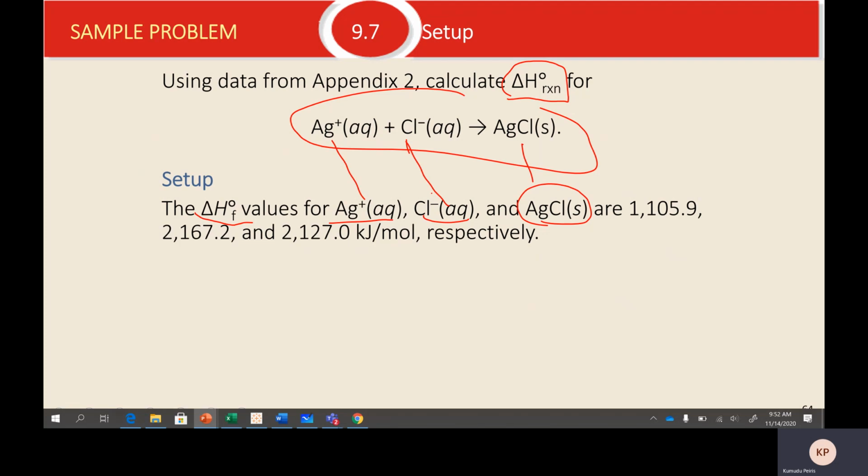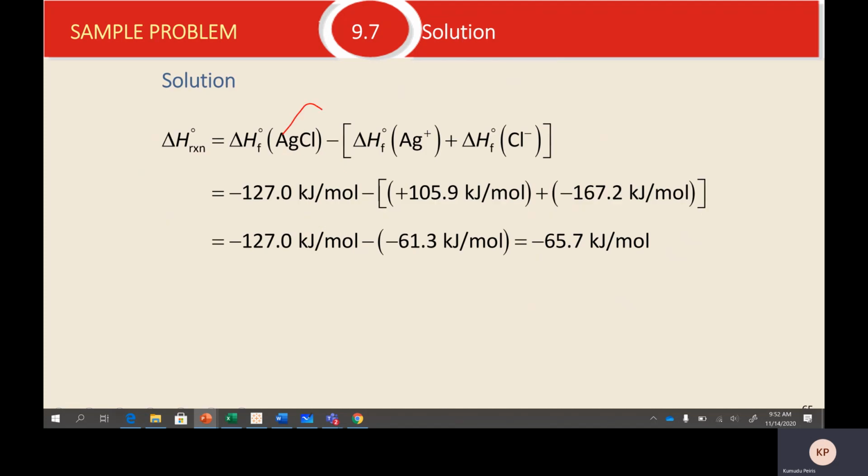So now we add the products and we add the reactants, and we subtract the standard formation enthalpies of reactants from the standard formation enthalpies of products. Okay, so the product is the AgCl and these are the two reactants. We add those two formation enthalpies of the reactants, we plug in their values, and we find the answer as negative 65.7 kilojoules per mole.